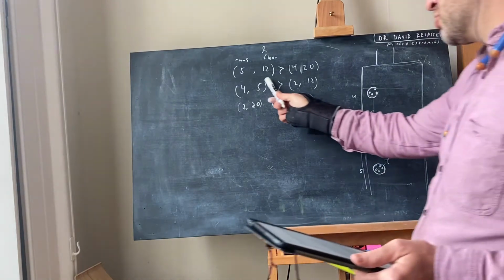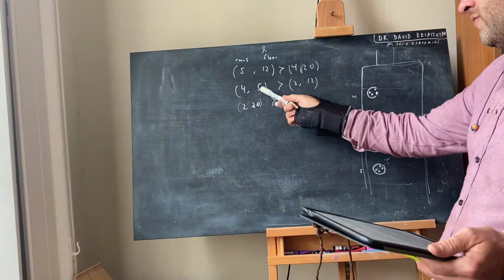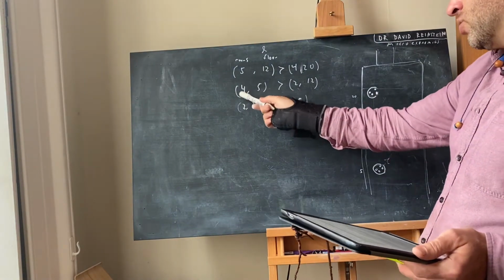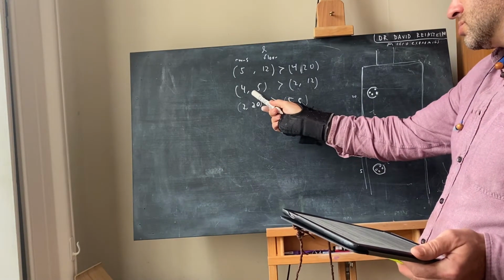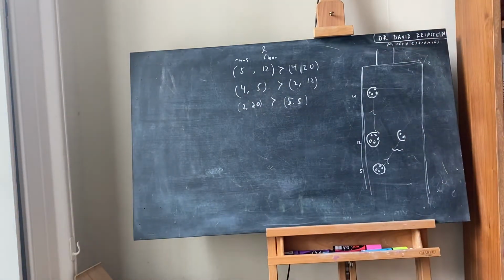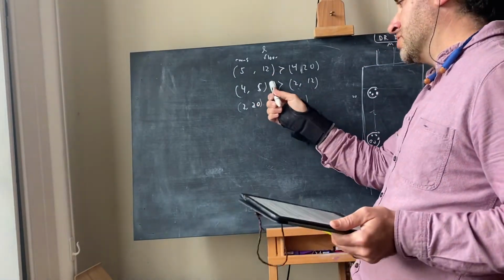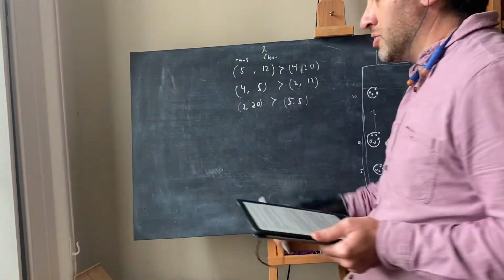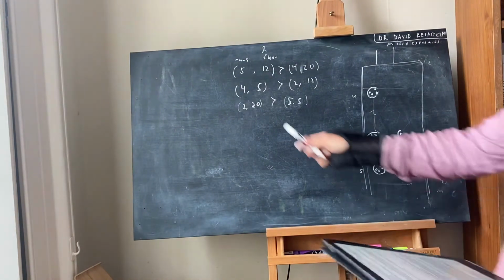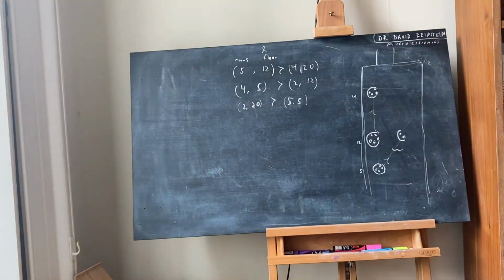Well, no, that's not true, because here he's willing to give up having more rooms. Here he prefers being on floor 5, so it's certainly not that being on floor 5 is something that he never wants to do. Here he prefers 4 rooms on floor 5 to 2 rooms on floor 12. All right. Well, let's think about this.